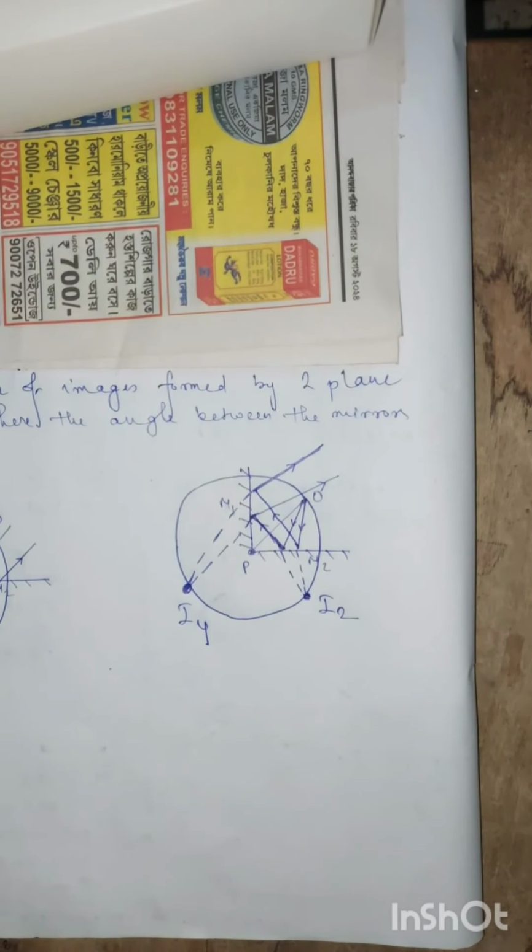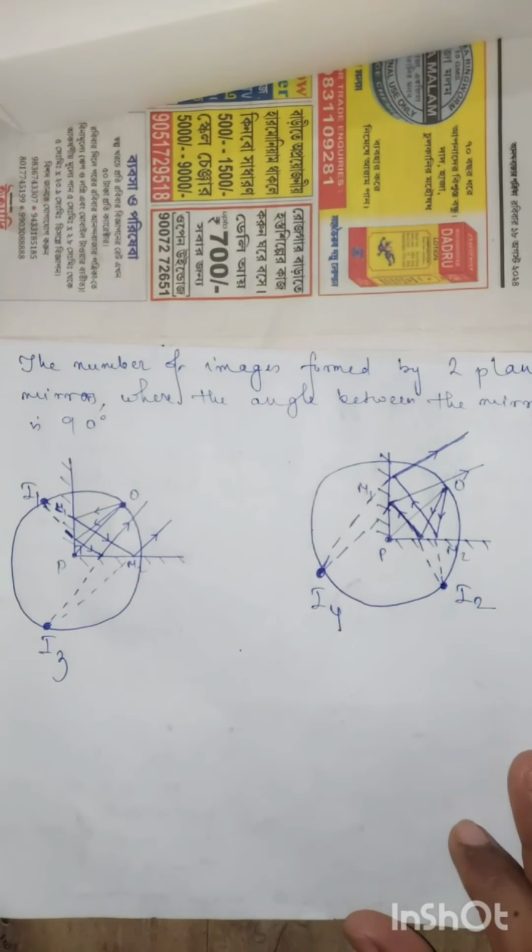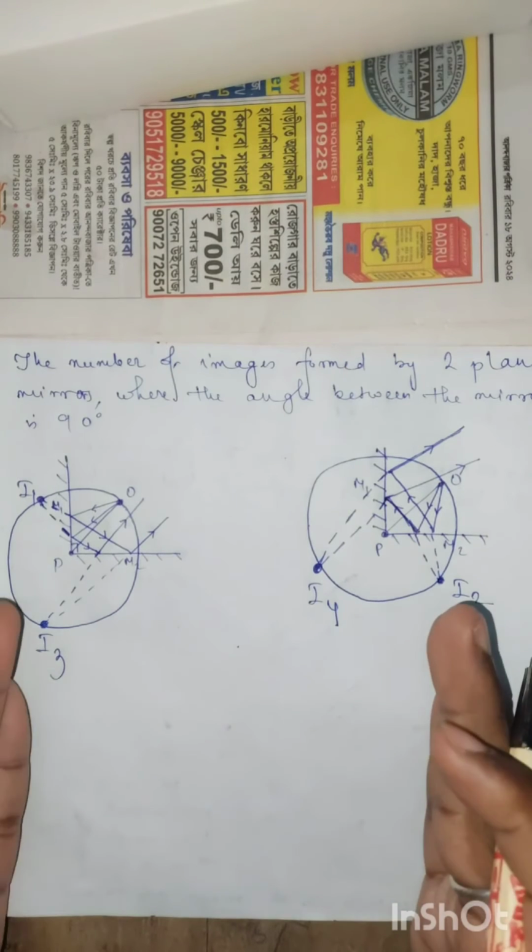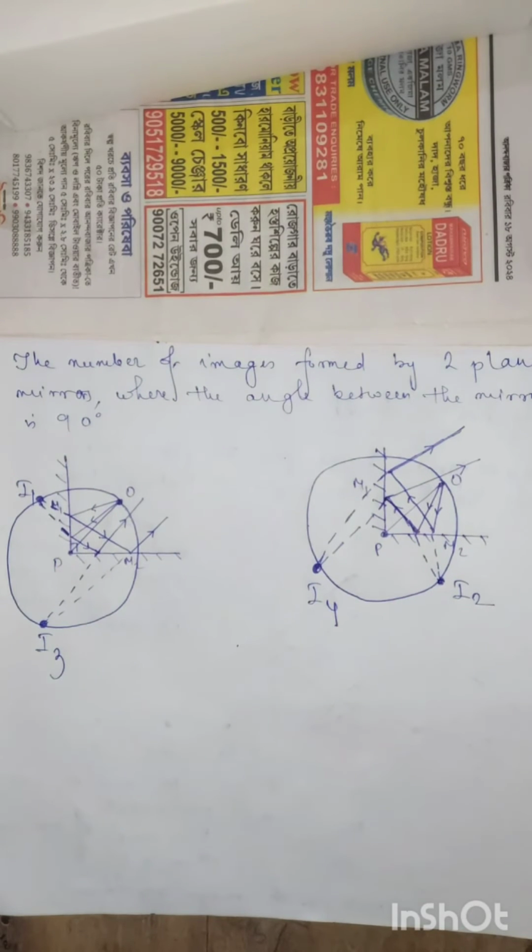Now, these two phenomena are happening simultaneously. That is why I4 and I3, that is why I1 and I3 are overlapped.